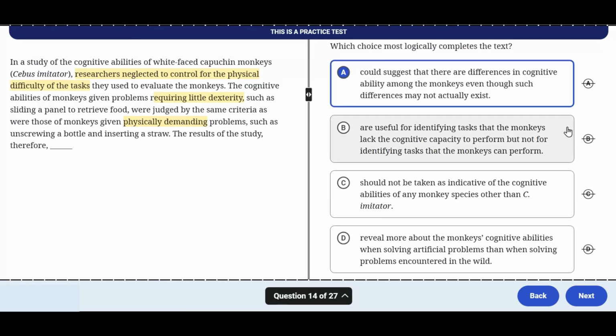B: are useful for identifying tasks that the monkeys lack the cognitive capacity to perform, but not for identifying tasks that the monkeys can perform. Well, that's not indicated by the passage. It's evaluating their ability to perform all different types, but the researchers weren't trying to evaluate whether they could perform more difficult tasks or tasks that they lacked the cognitive capacity to perform.